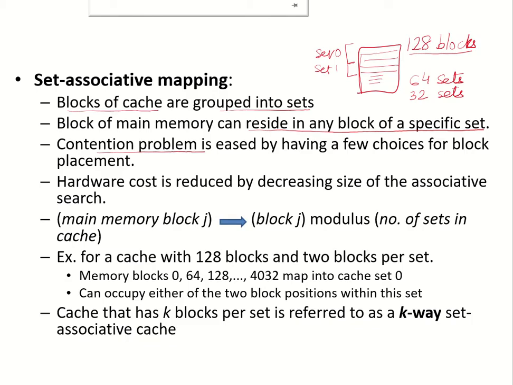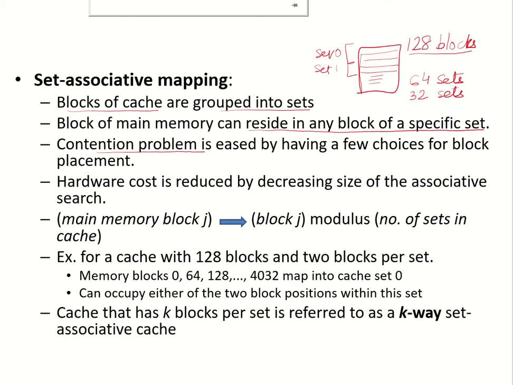It is also better compared to associative mapping, because in associative mapping we had to check all the tags of the cache to figure out in which cache block a particular main memory block was residing. Here that problem is also taken care of.